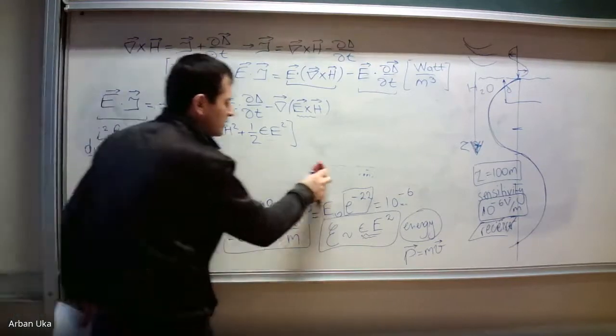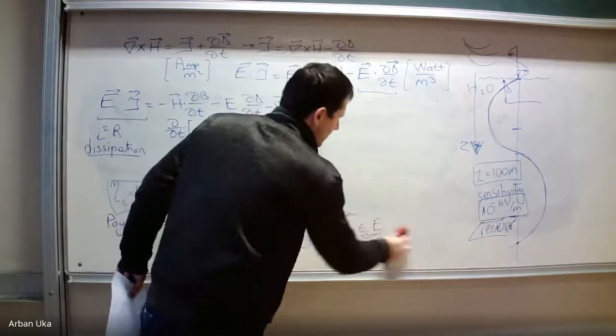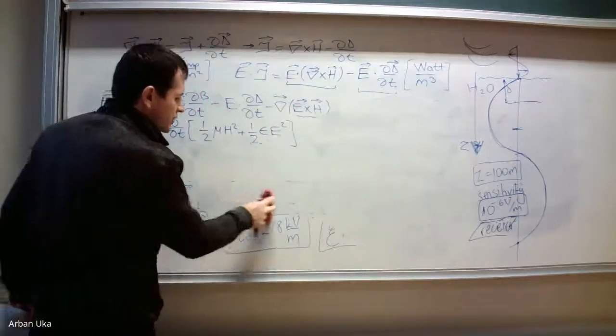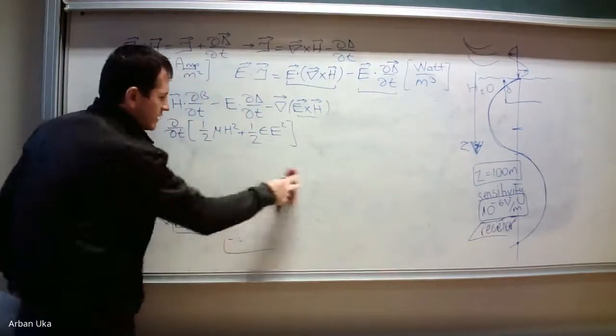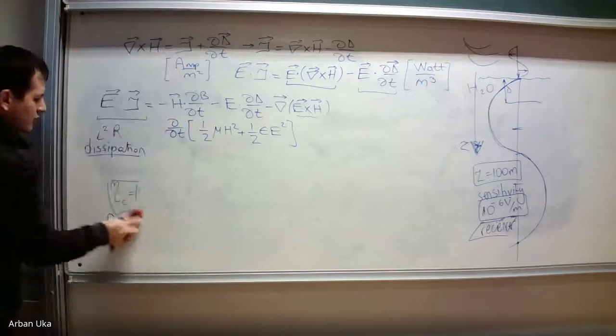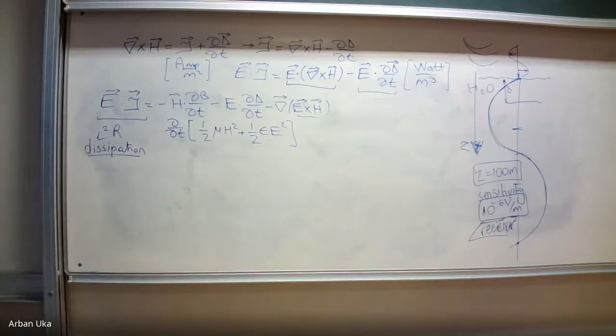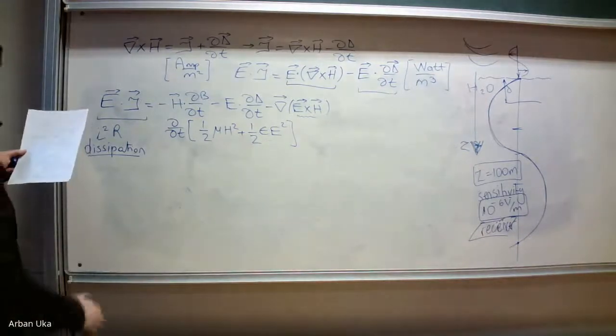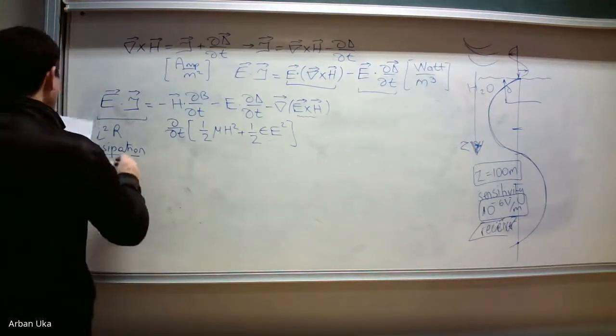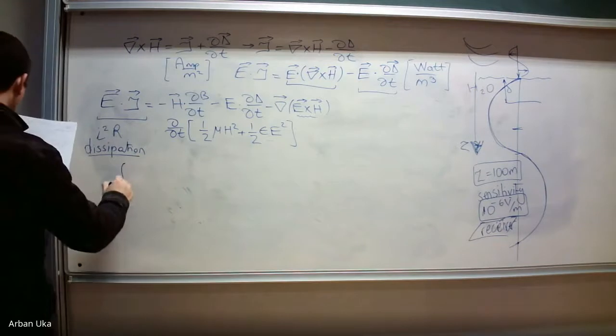And how do we apply the divergence theorem? We integrate the expressions over volume. Okay, and this integral over the volume comes out to be an integral over the surface area.